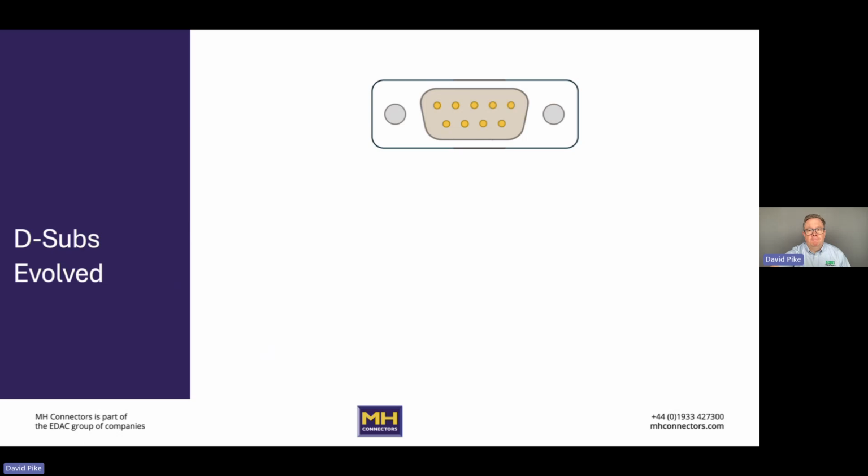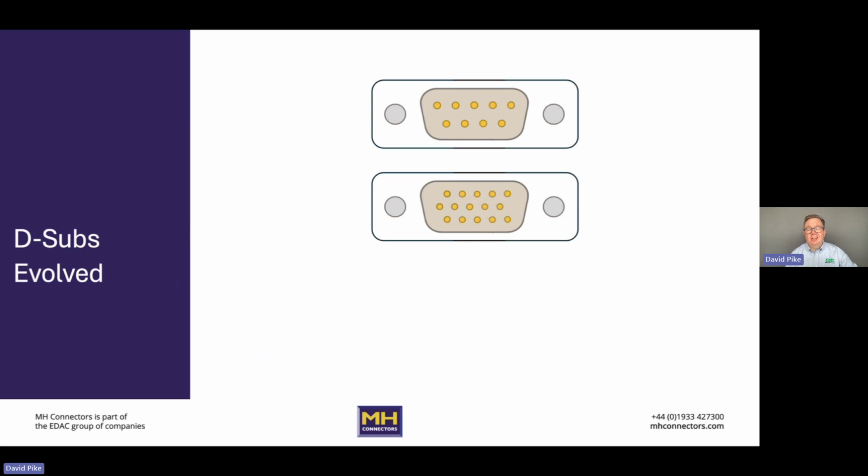But they've evolved. During the time of these connectors, getting on to the late 60s, early 70s, people realized that we need more pins in our connectors. The rise of digital computing and the number of extra signals that need to go through these things meant that people were looking for an alternative. And so the high density D sub was invented, exactly the same shell, but using smaller pins that were packed closer together.